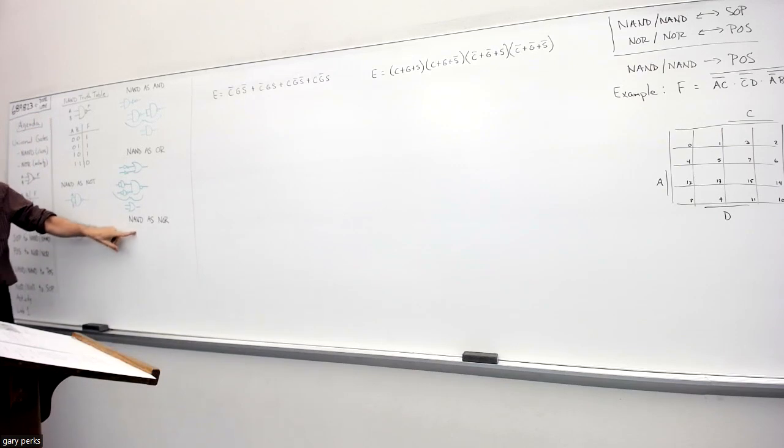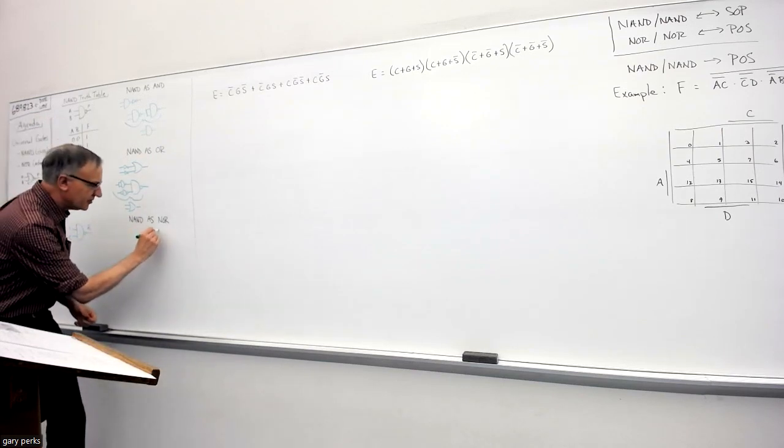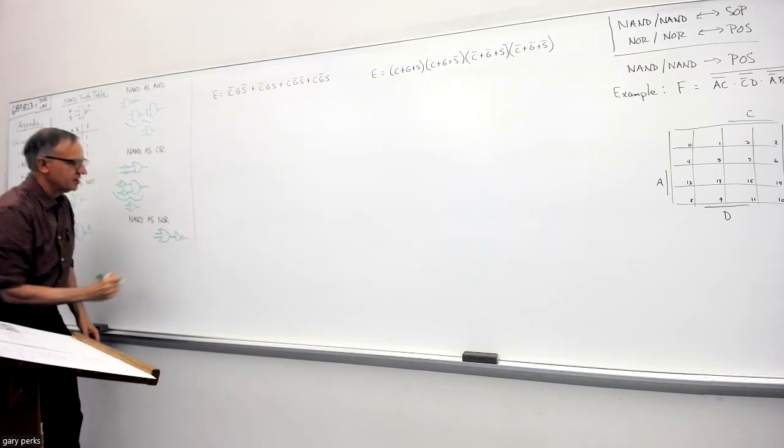Okay, so now lastly, and this is sort of extra, if you will, because once you show that you can use a NAND as a NOT and a NAND as an OR, of course you could use it as a NOR. Because what is a NOR equal to? A NOT OR, so it's an OR gate with an inverter on the output.